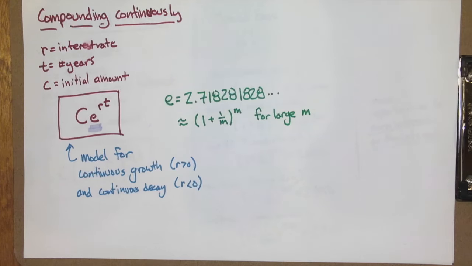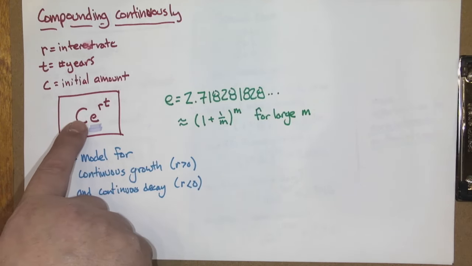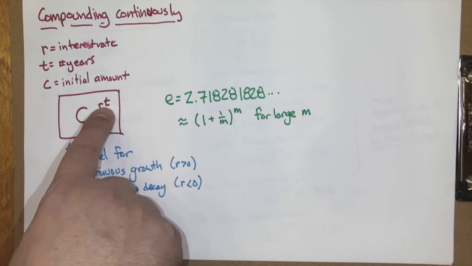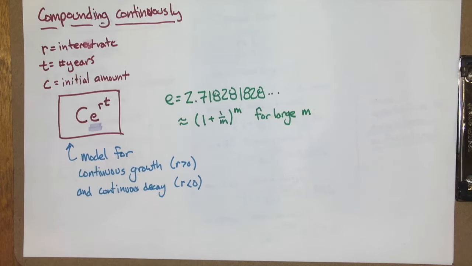So if you compound continuously, then you take your initial amount and multiply by E to the power R times T. And this is what's going to capture our behavior. And this function, by the way, is very important for what follows in the next 2 weeks. All right, we'll talk more about this next time.